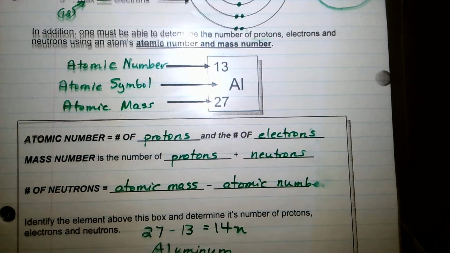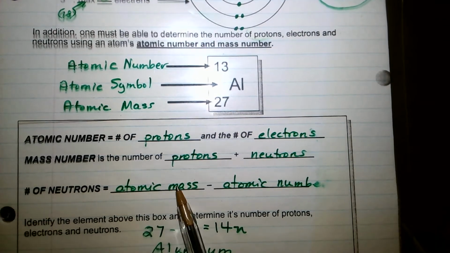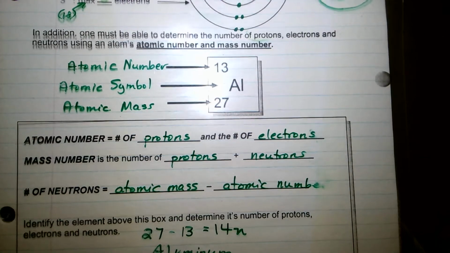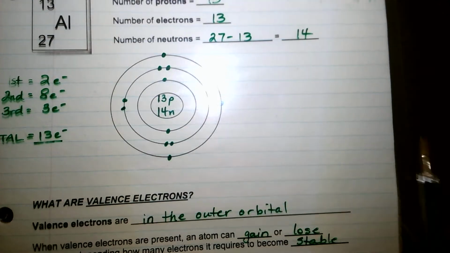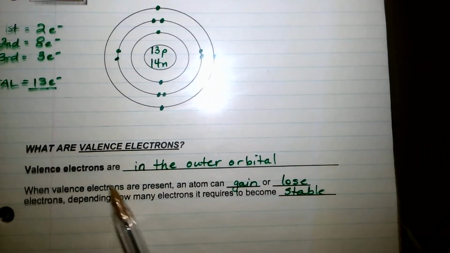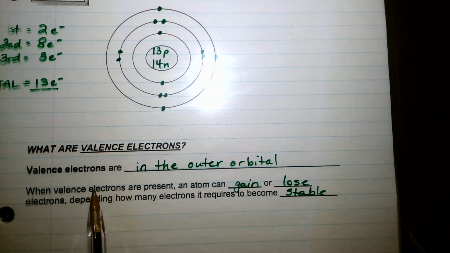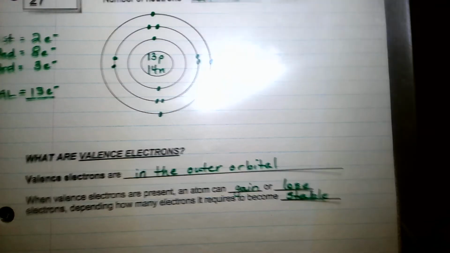And then your masses are protons and neutrons, and how to find the number of neutrons: atomic mass minus atomic number. We went over that already, so I feel like that should be good. Then I went over this. We drew our Bohr-Rutherfords. Valence electrons are in the outer shell. When valence electrons are present, an atom can gain or lose electrons depending on how many electrons it requires to become stable. And we talked about that as well.